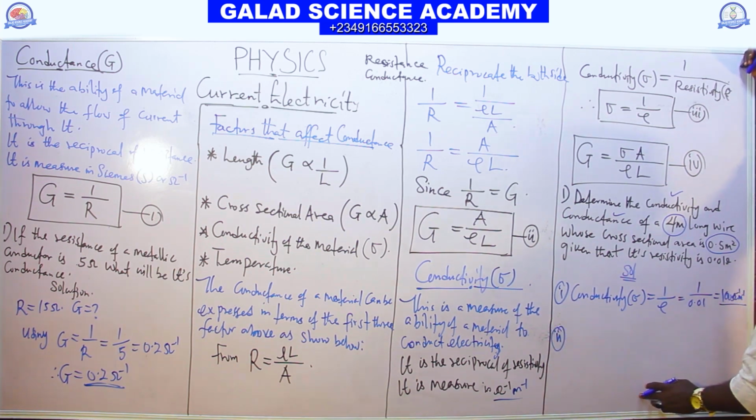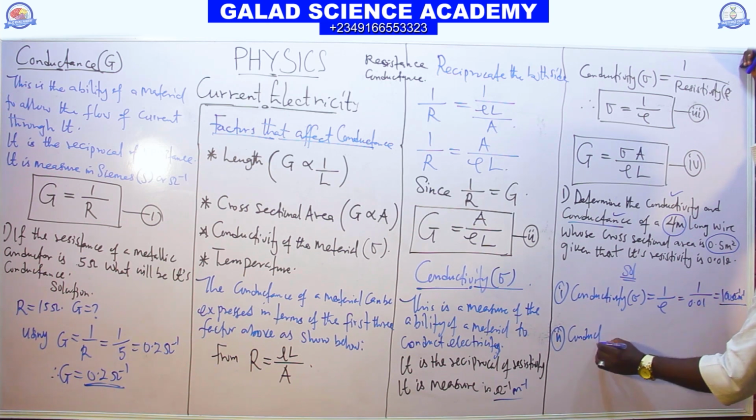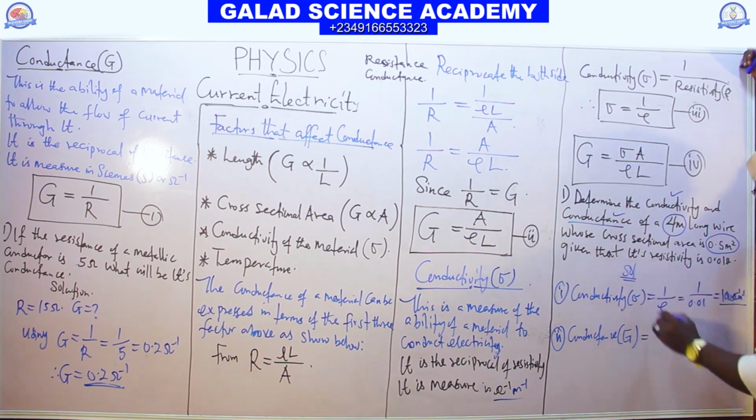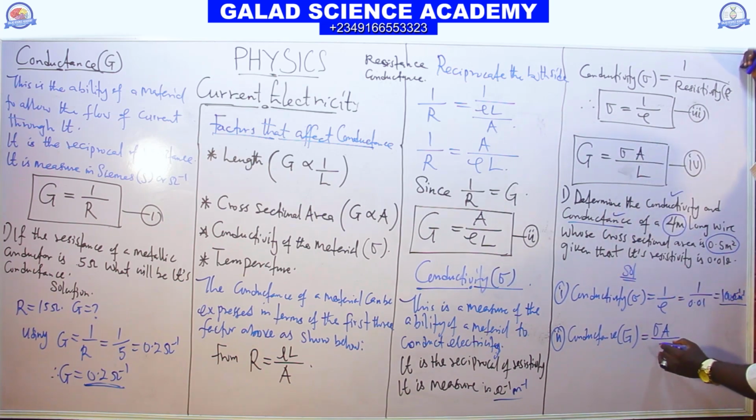Number 2, we are asked to find the conductance. The conductance G formula is the conductivity times A over L. So 100 multiplied by the area given, 0.5, divided by the length 4. 0.5 times 100 is 50.